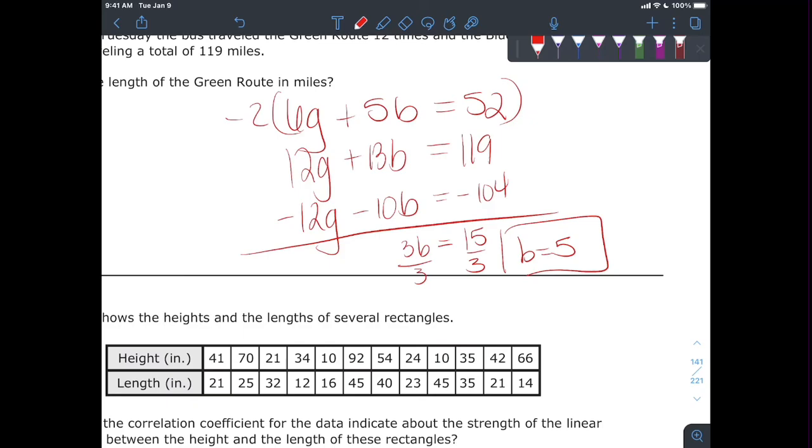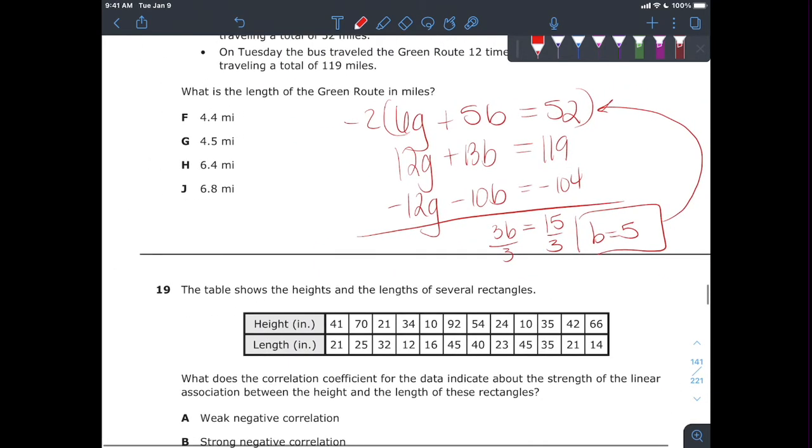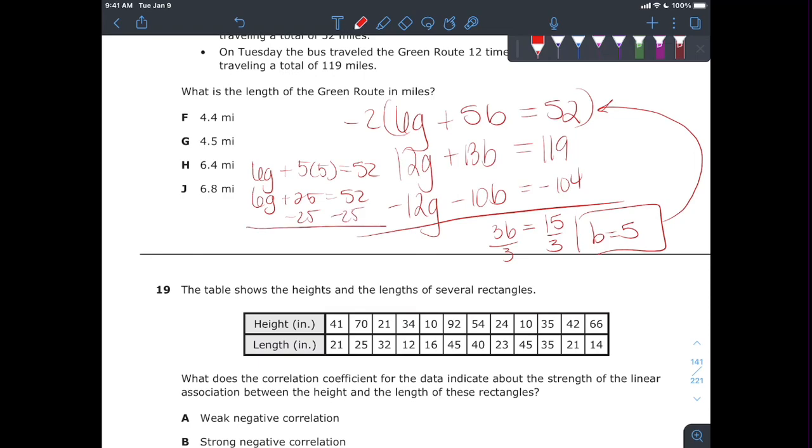But I'm looking for the green route, so I got to plug it back in. I'll go ahead and do an exciting move. Great divide. And I'll find out that my green route is 4.5 miles.